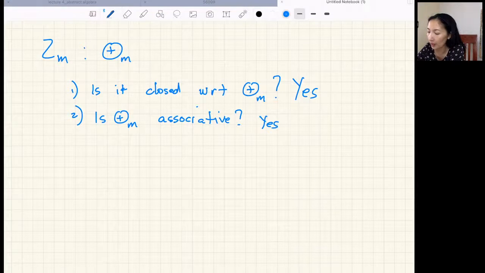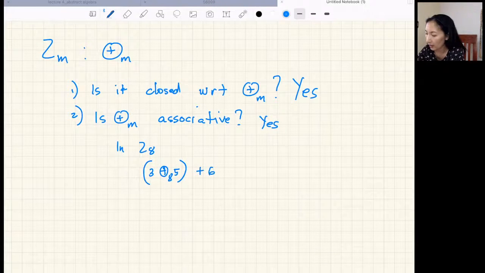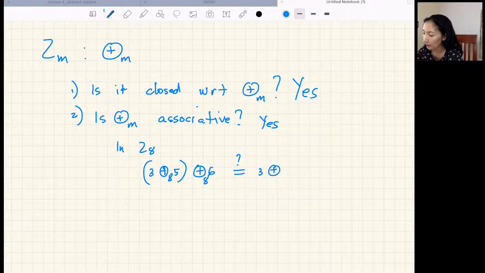For example, in Z sub 8, is 3 plus 5 modulo 8, plus 6, equal to 3 plus the quantity 5 plus 6?